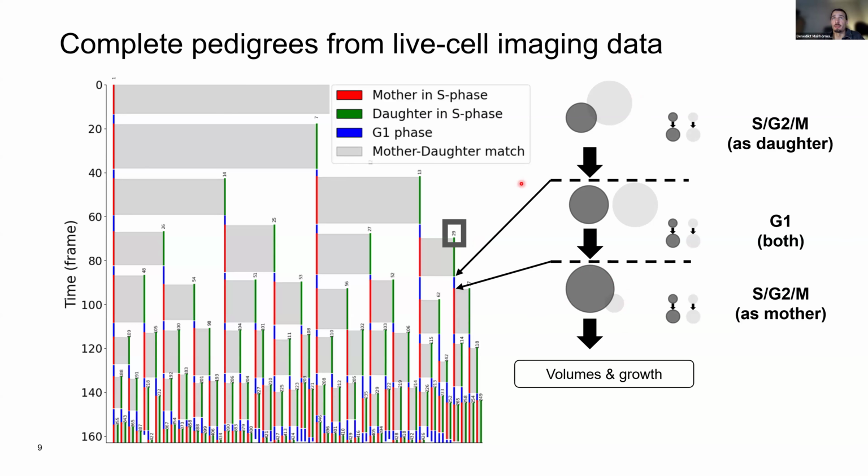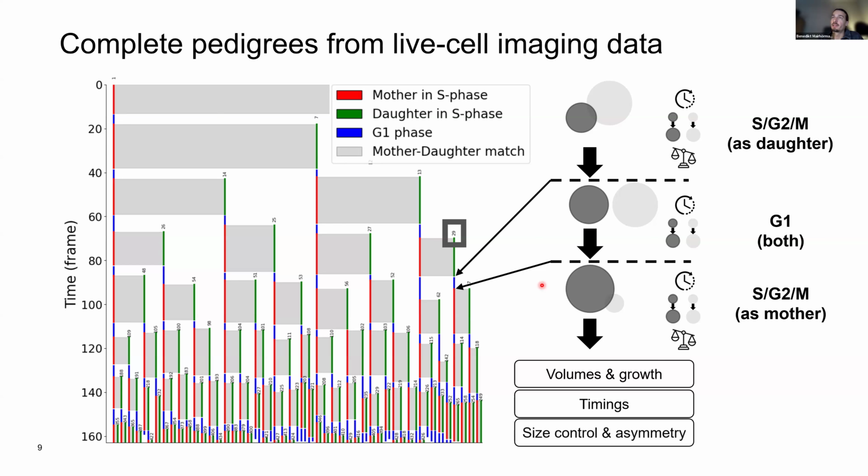So at G1S entry and at G1S transition, and later on at division, and in between, also the timings, how long those cell cycle stages are, and then a set of more specific features, which is size control and asymmetry. So measuring how asymmetric in volume or in cell size terms those cells grow and divide. And this leaves us now with 11 phenotypes, which describe cell cycles.